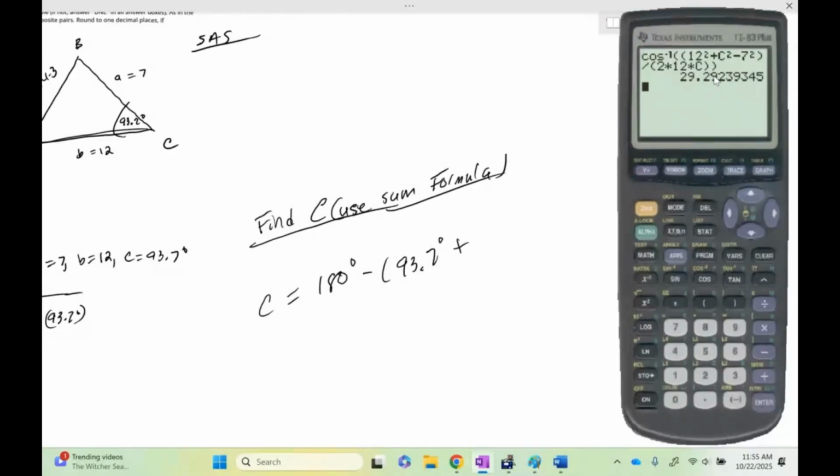To avoid rounding error, I'm going to store this for C. It's going to overwrite that value for C that we just had in there.